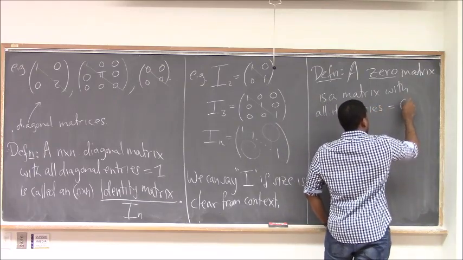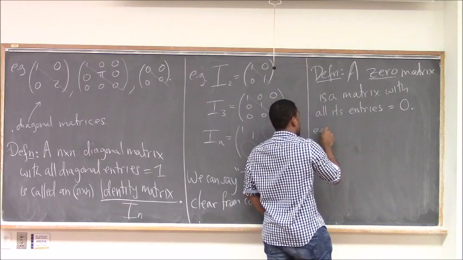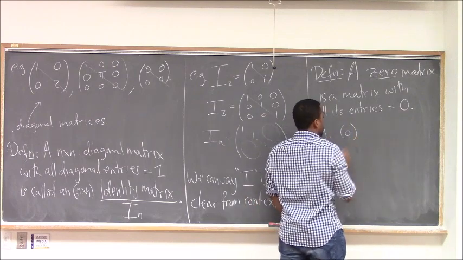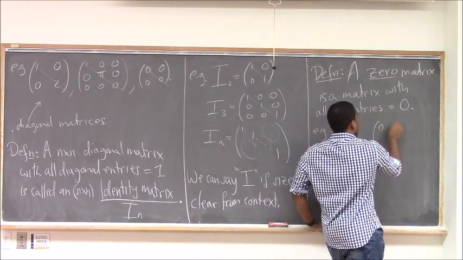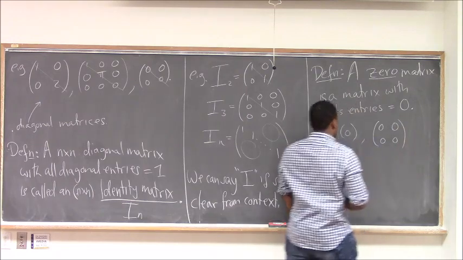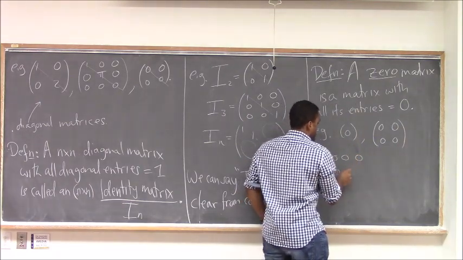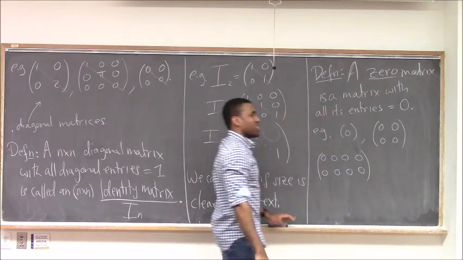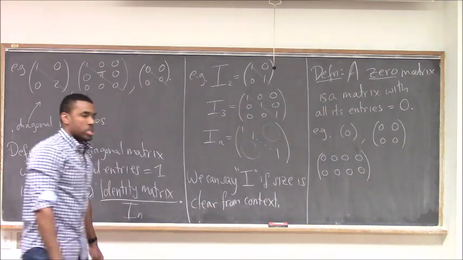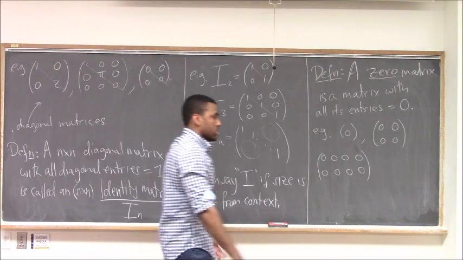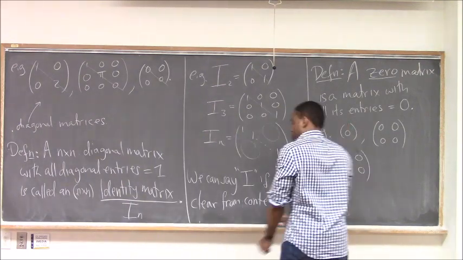equal to 0. So for example, you can have a 1 by 1 zero matrix, or a 2 by 2 zero matrix, or a 4 by 2 zero matrix. Again, these are all clear from context which size you're talking about, but that's a zero matrix for our purposes.